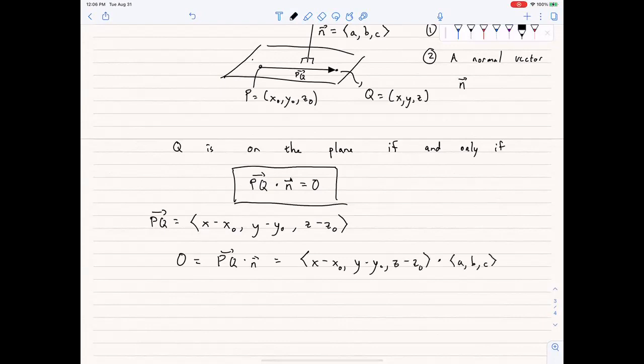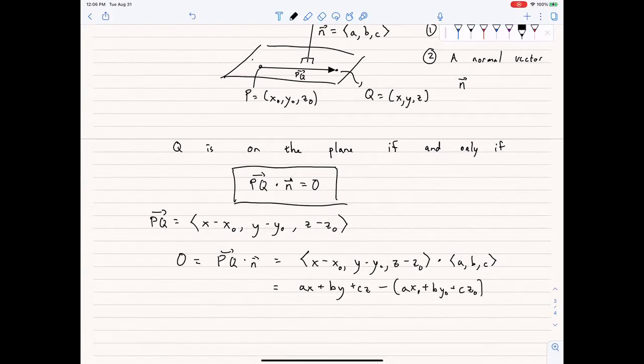I expand this out, and I'll get AX plus BY plus CZ minus some AX naught plus BY naught plus CZ naught.